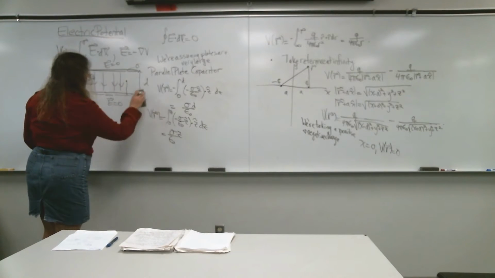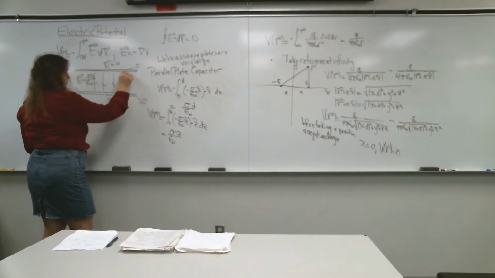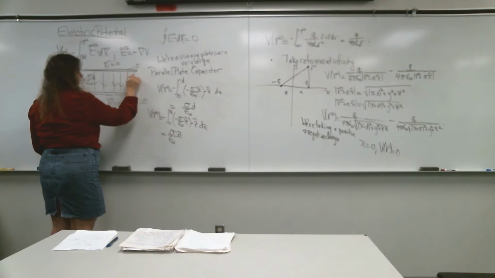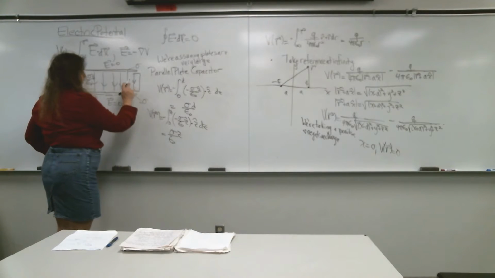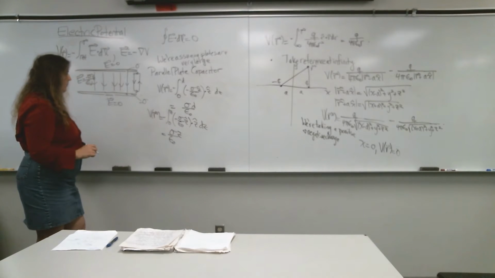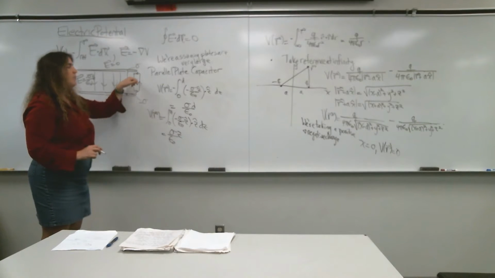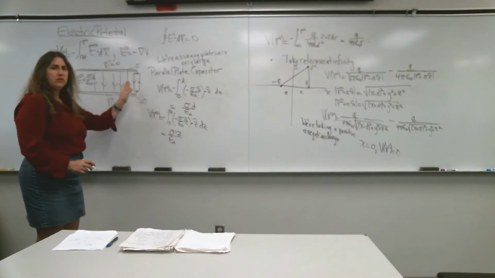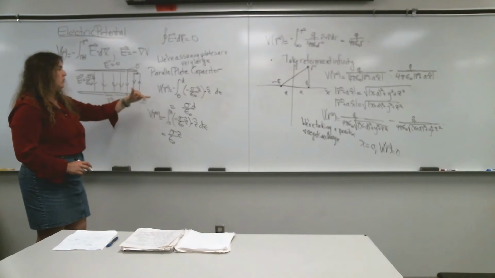In other words, let me erase this here. So I draw a little rectangle here, and my path goes down here, here, up, and then to the left. And if I were to go from inside to the outside, I'd see that the top and bottom don't contribute because they're perpendicular to the direction of the field. One line element is pointing to the left, one's pointing to the right.